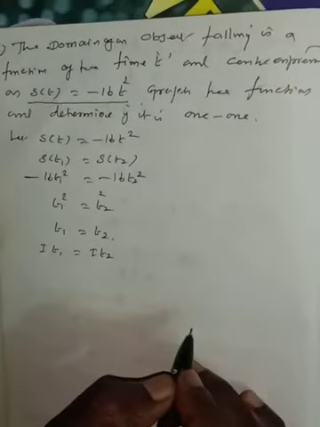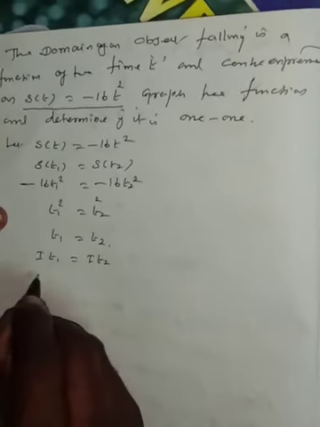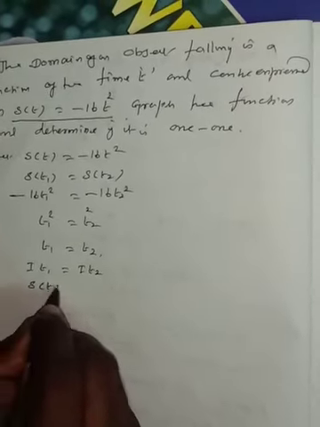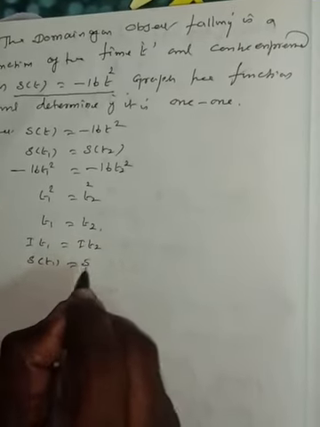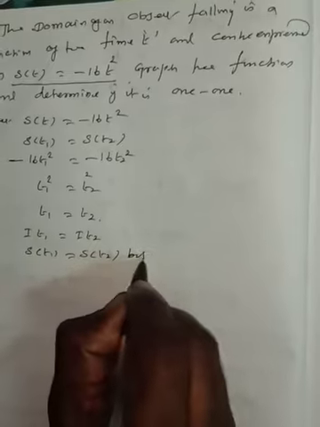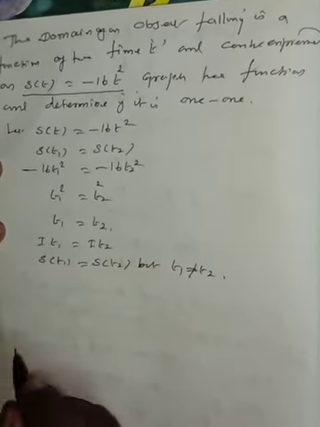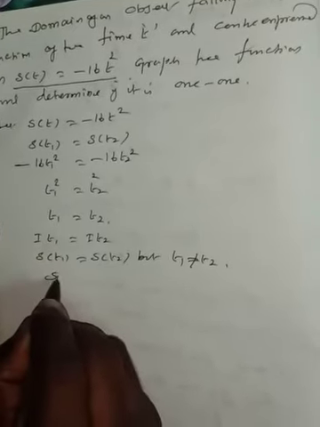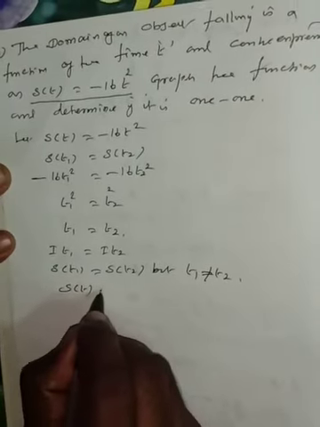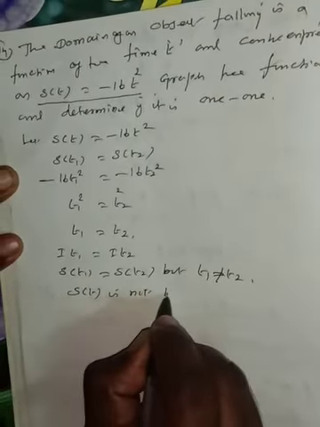Now s of t1 is equal to s of t2, but t1 is not equal to t2. Therefore s of t is not 1-1.